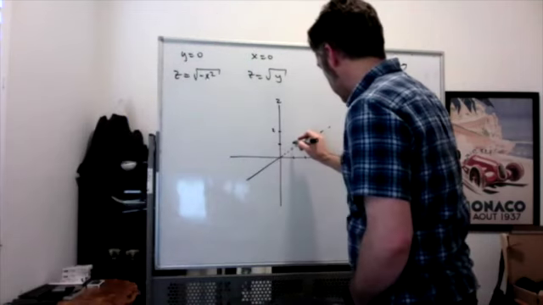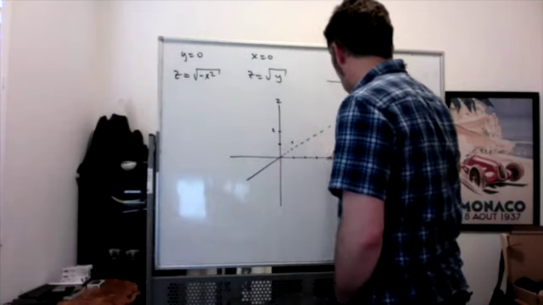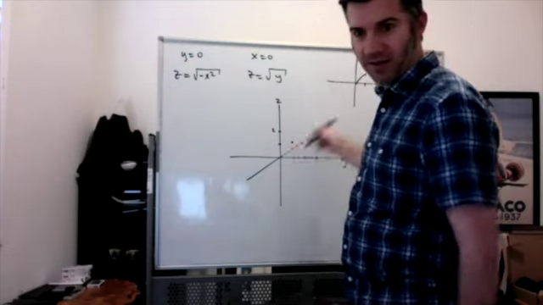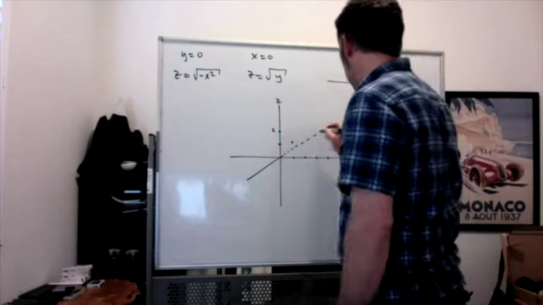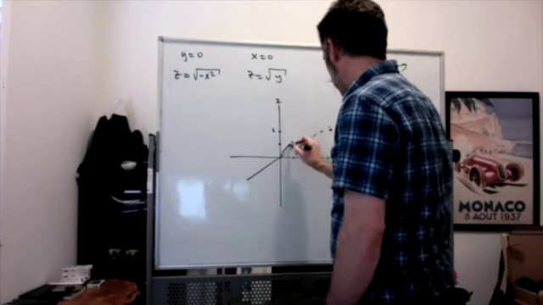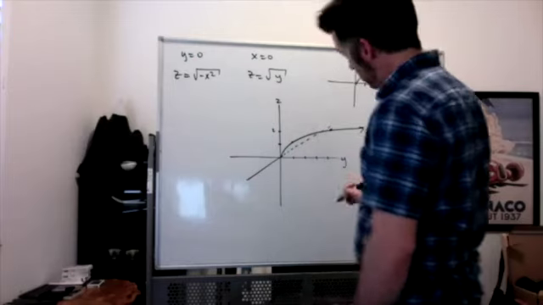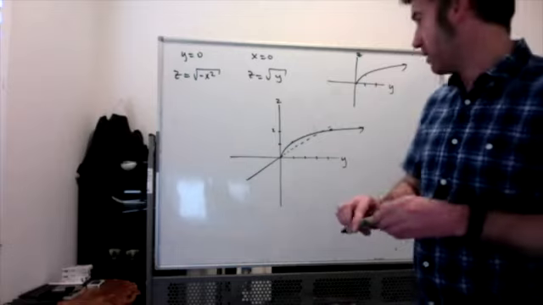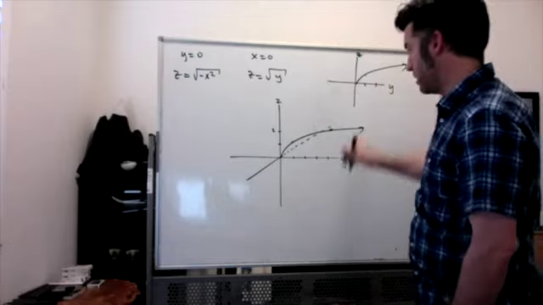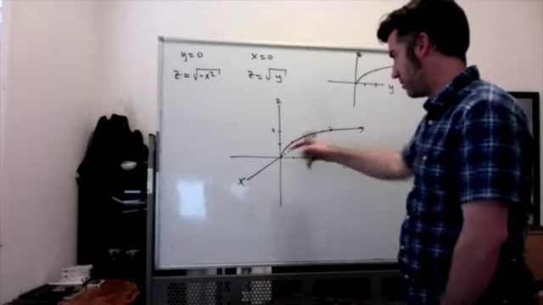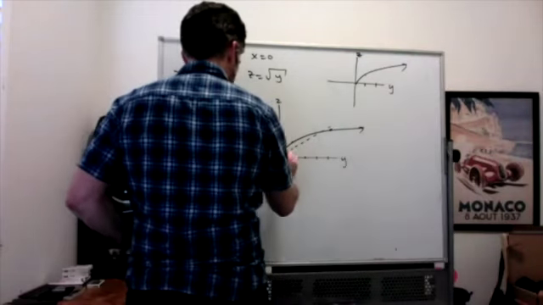Try and draw it somewhat precisely here. Sure, let's say it's over here. Here's my square root function. Looks like that. And then my traces, right? So my traces in the x, y plane, so it's going to look like the parabola coming out this way. So there's one.